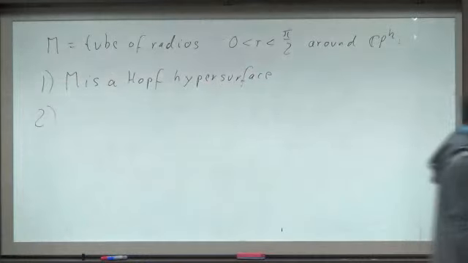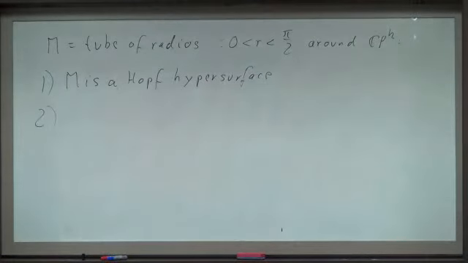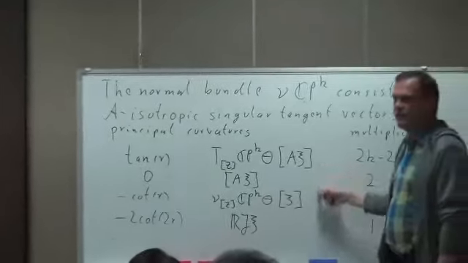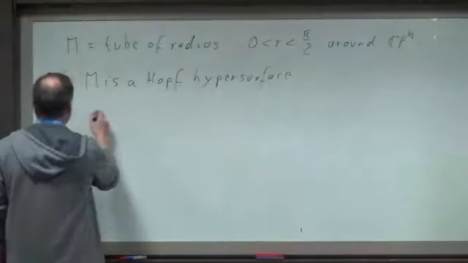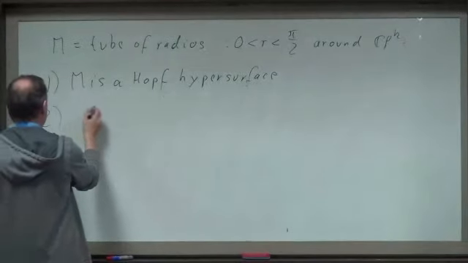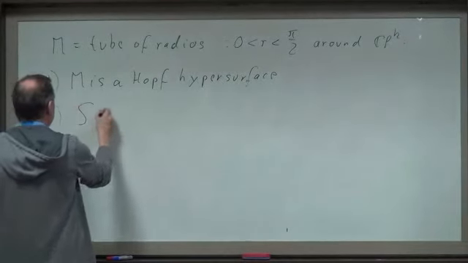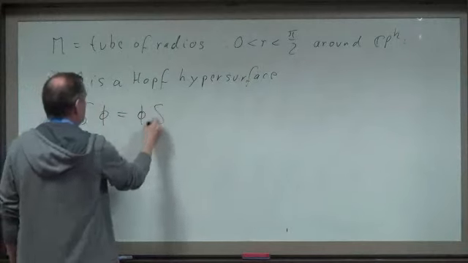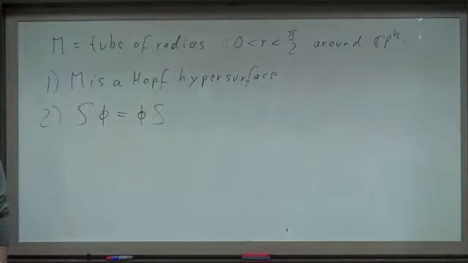Second observation is all the other eigenspaces are invariant by the complex structure. This means that S phi is equal to phi S, where S is the shape operator of the tube.